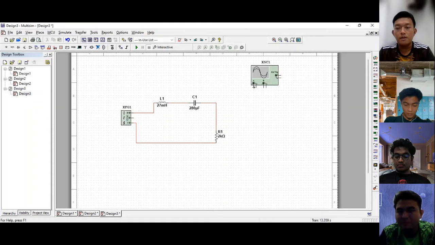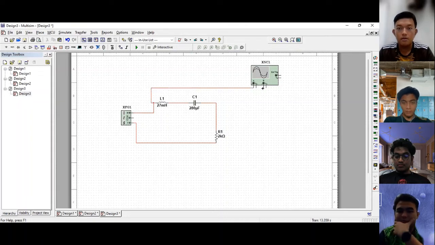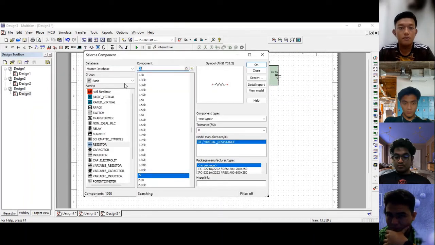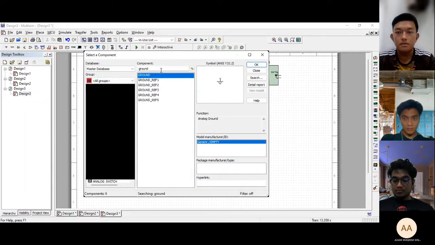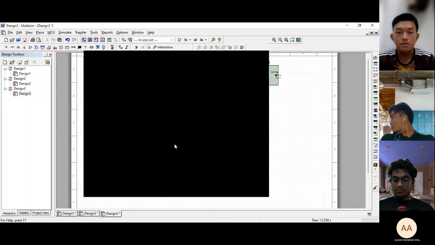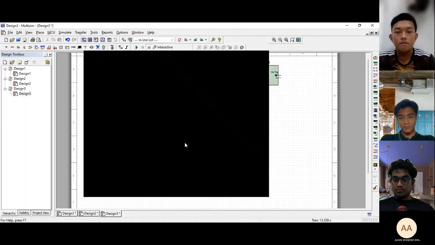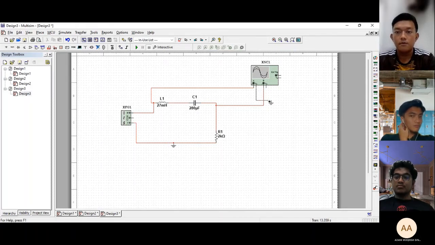Input terminal A goes to the input of the inductor. B terminal goes to the output. Find the grounds, all grounds. Negative to the ground.